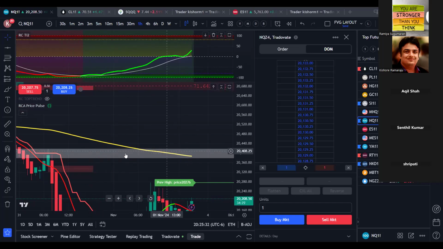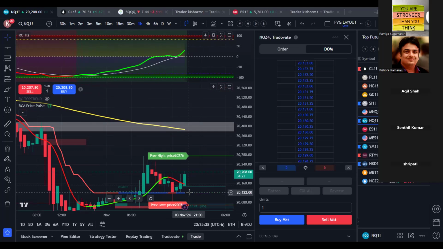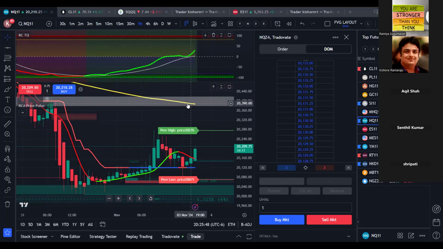Both buyers and sellers try to compete here. So sometimes price will go till here and then come back, and again next time it may break, or whenever it is coming from the top, this will act as a support. When price is going up from here, it will act as a resistance, right? Price may go here and then again drop, right?